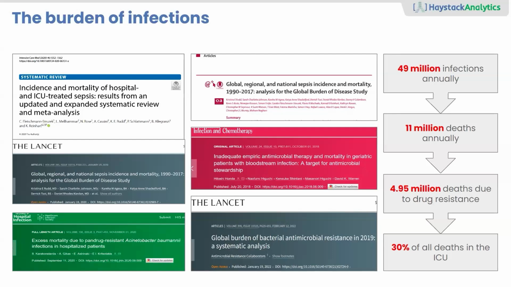But the problem is that we have many samples from peritoneal fluid, blood, sepsis, lung tissues, or even deep-seated tissues, or sometimes synovial fluid. So for many samples we are not able to detect most of the organisms.